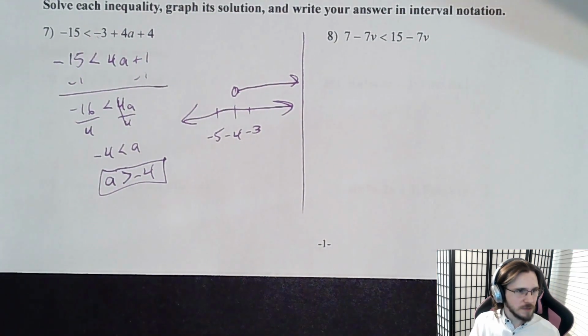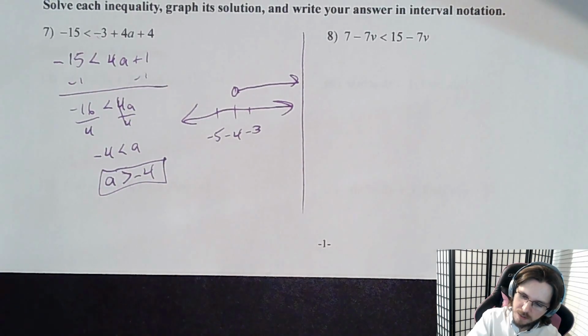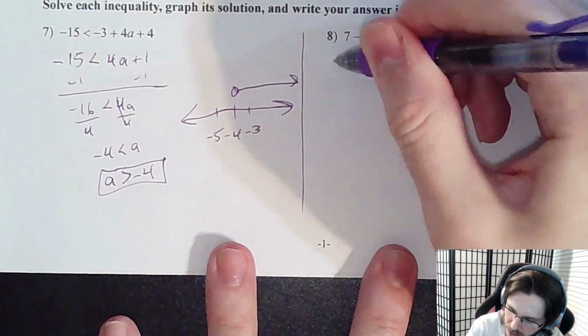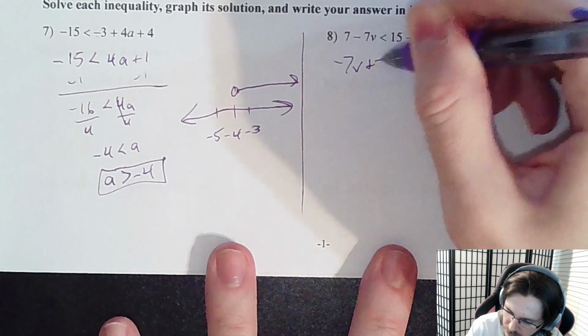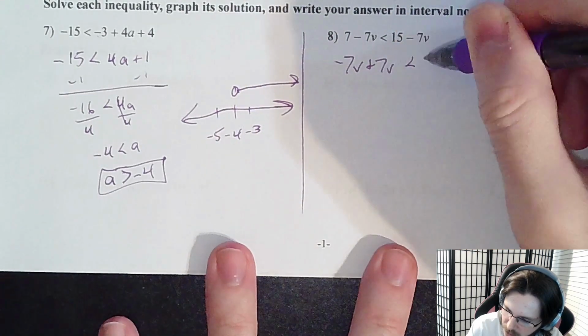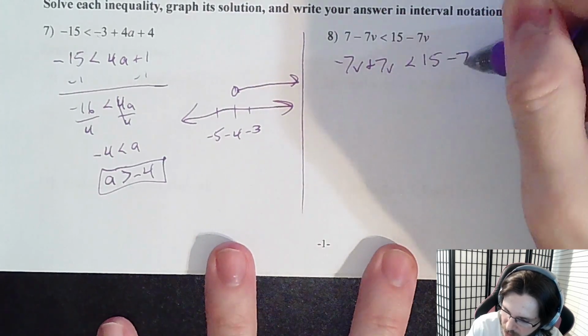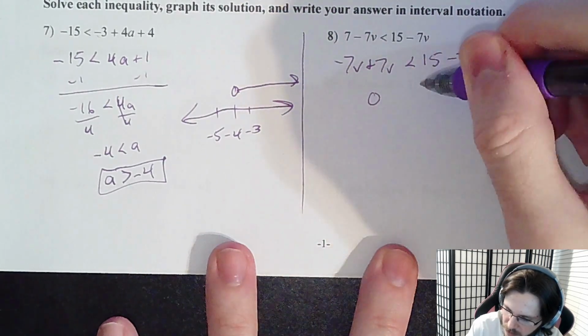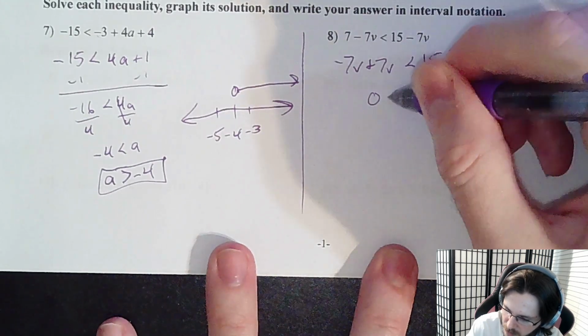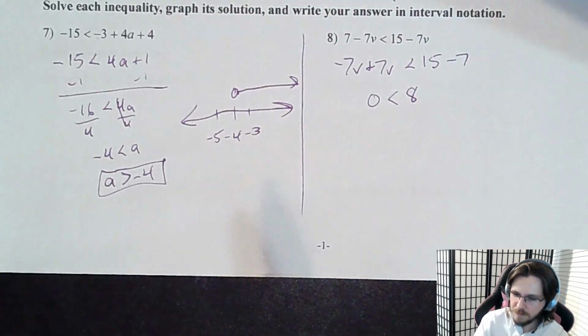Number 8. This one has variables on both sides. I recommend using that horizontal method when you're solving it. That negative 7v, copy it, add the 7v over here, less than, and here we got 15, and that positive 7 becomes a negative 7 on the right. So you get 0v, which is just 0, is less than 8.